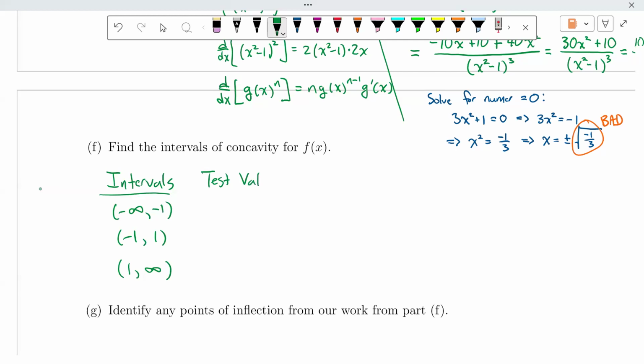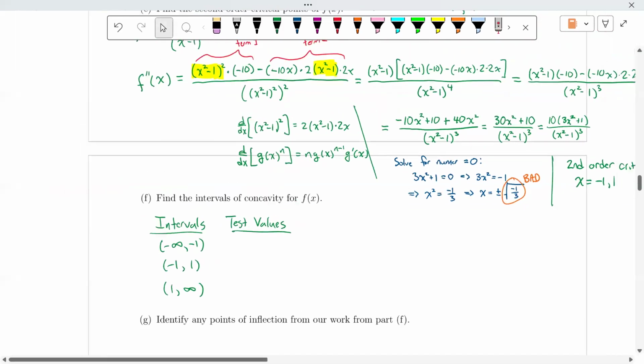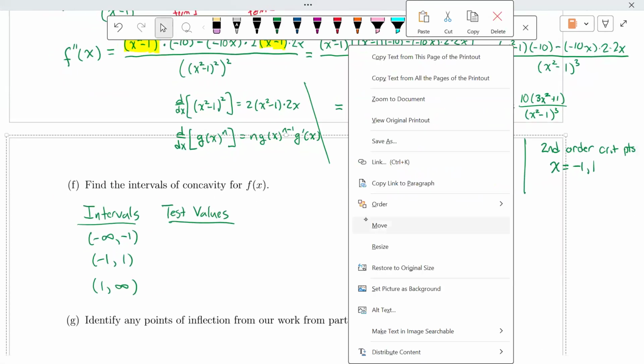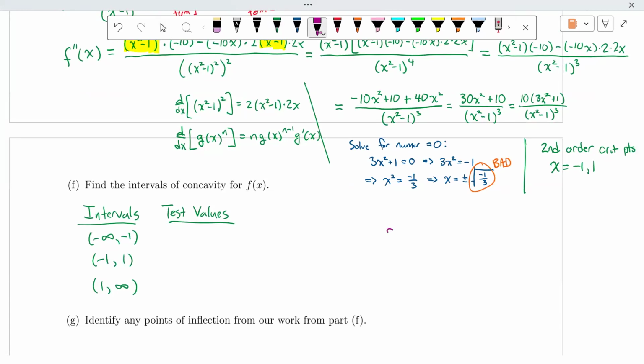And now I have to plug in some test values into this. So I'm going to go back and recall what my second derivative is. The second derivative, which I just lovingly computed earlier, is this piece of work.